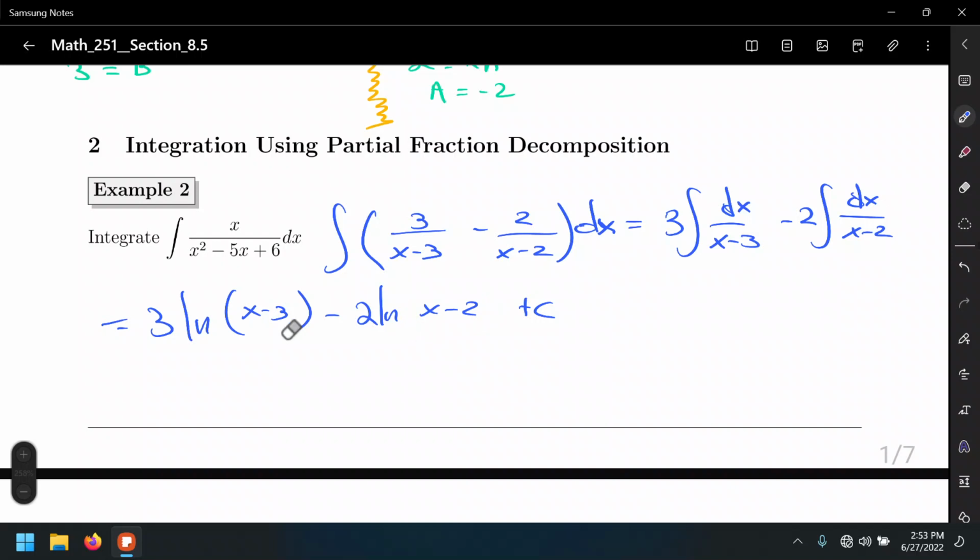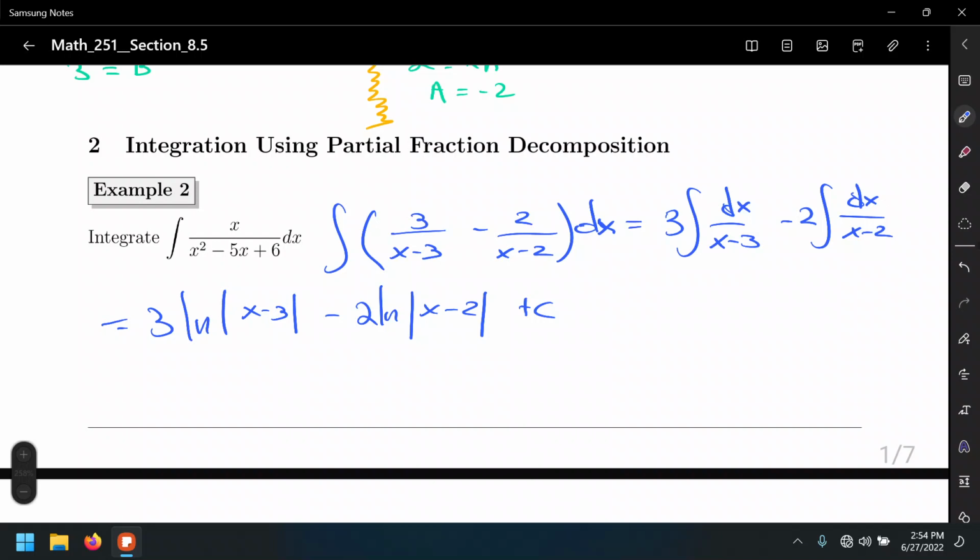In some cases we need absolute values, and this one is the case because x minus 2 can output negative numbers, as opposed to something like x squared plus 4, which regardless of the input, positive or negative, is always positive. And this is pretty much the final answer.